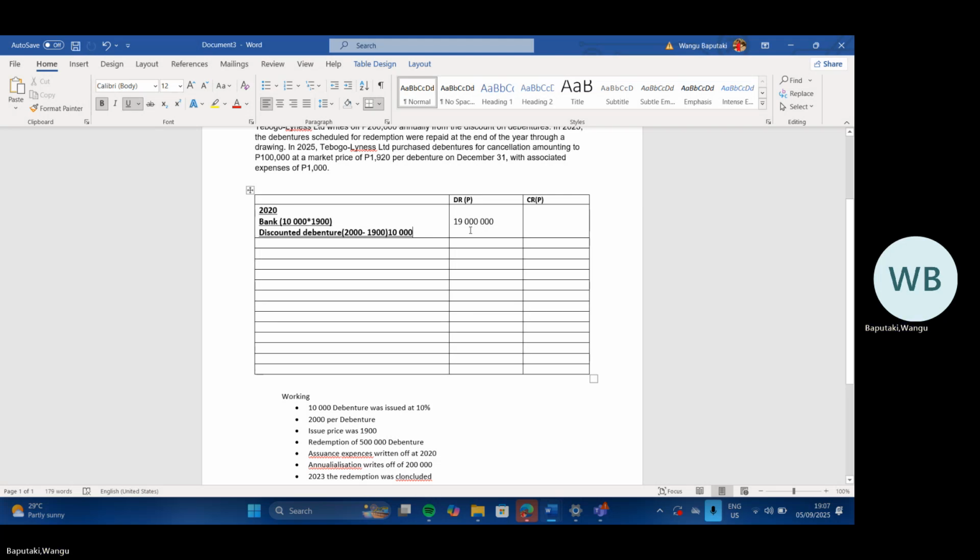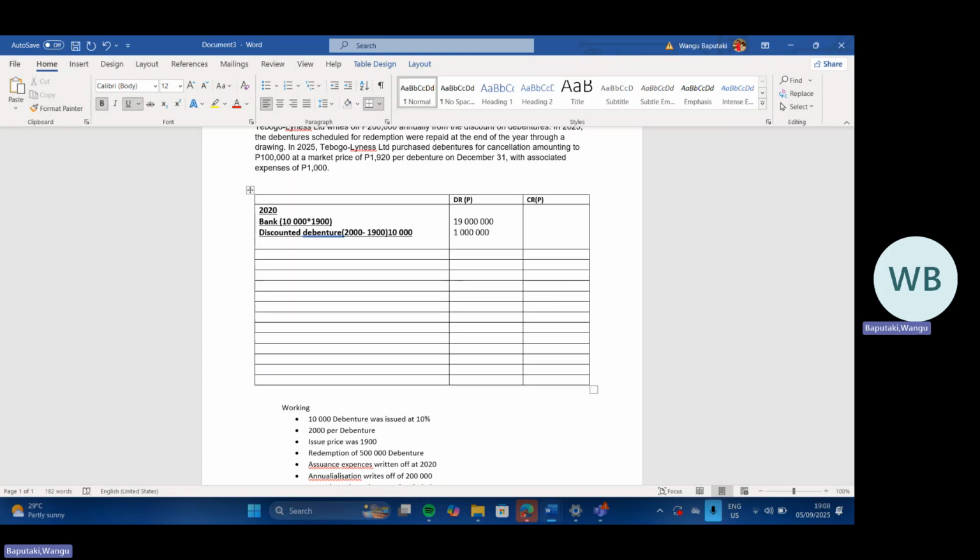That is going to give 1 million. Then our debenture payable is going to be the money debited at bank and the discounted debenture, which gives us 20 million, which is our debenture payable.